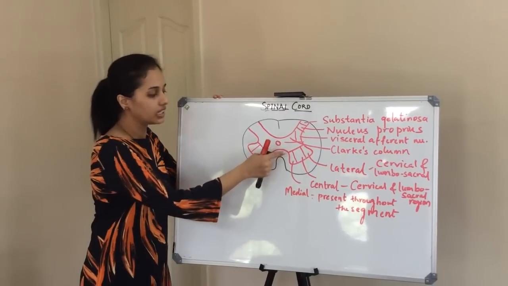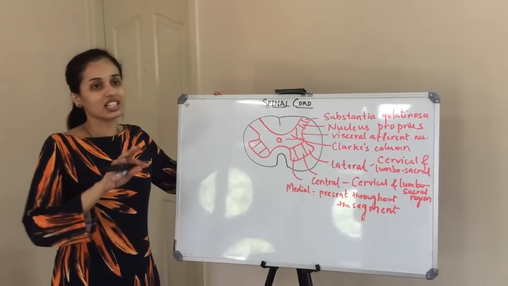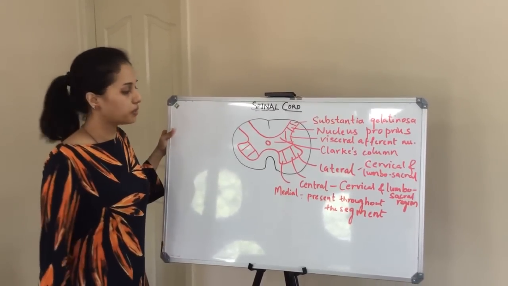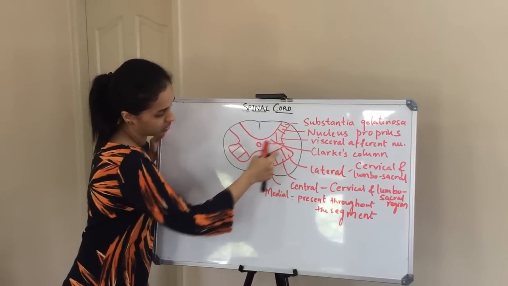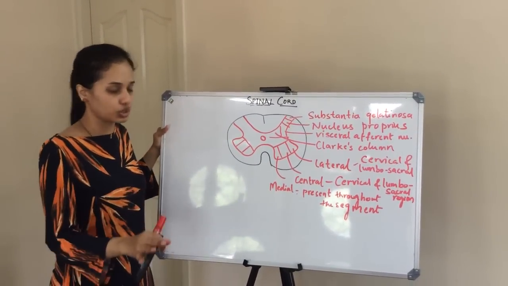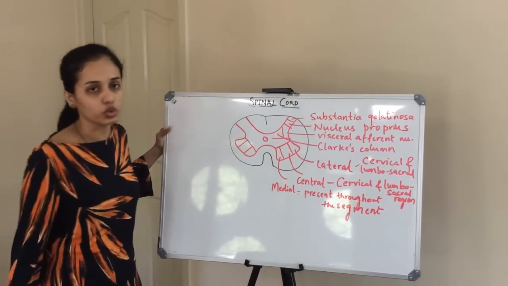Now coming to the anterior horn, which mainly has neurons concerned with motor function. For practical purposes, the cell groups present in the anterior horn have been divided into three: the medial, central and lateral groups.